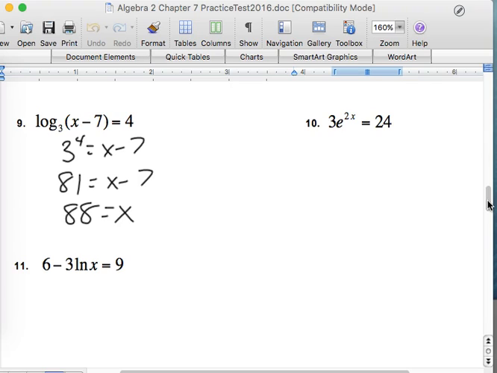I just need some refreshers. So everybody, did you divide by 3 first? Yeah. Have to expose the base.